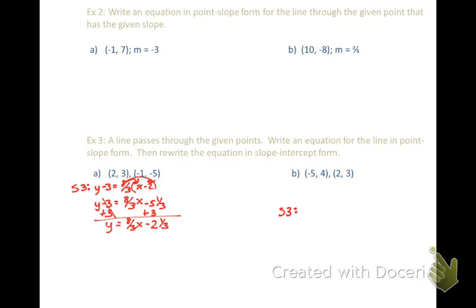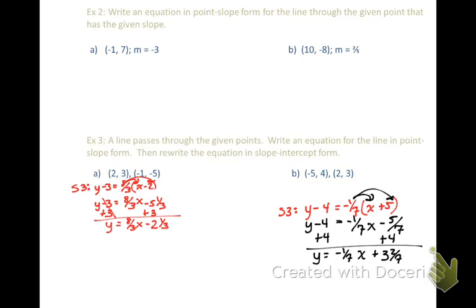Hopefully you wrote it down. You can go back in time and check it out. Okay, so I distributed the negative 1/7. So I rewrote it again for you from step 3. And I distributed the negative 1/7, so it's negative 1/7 x minus 5/7 because 1/7 times 5 over 1 is 5/7.